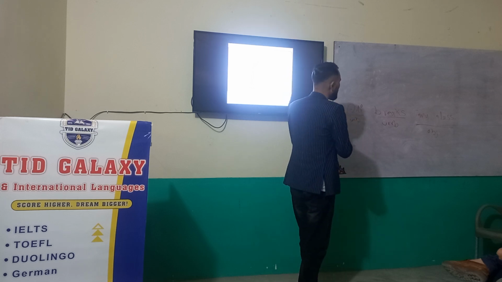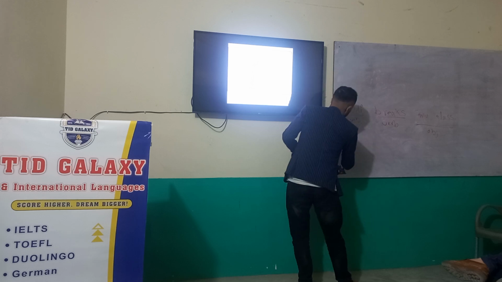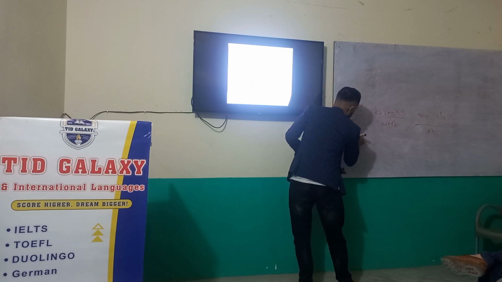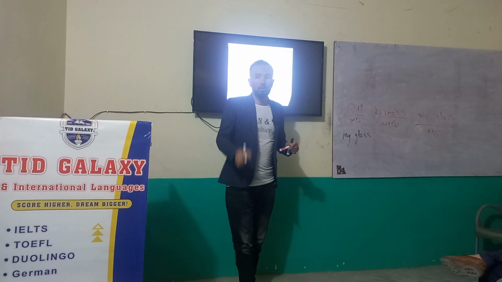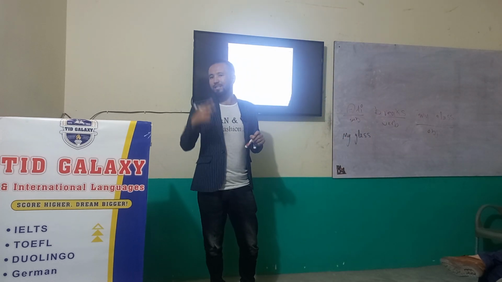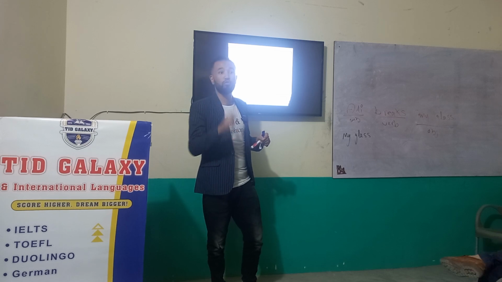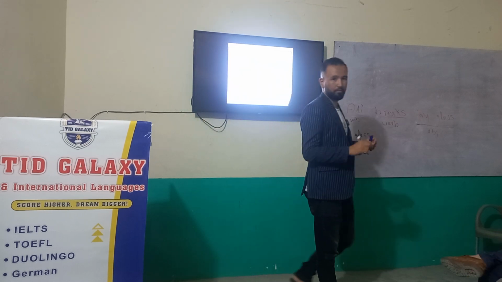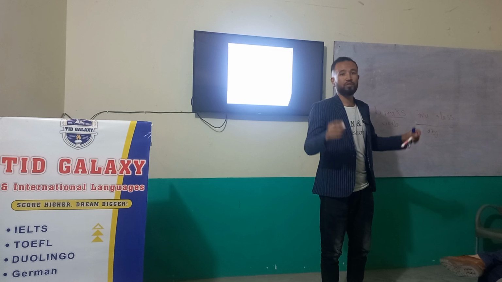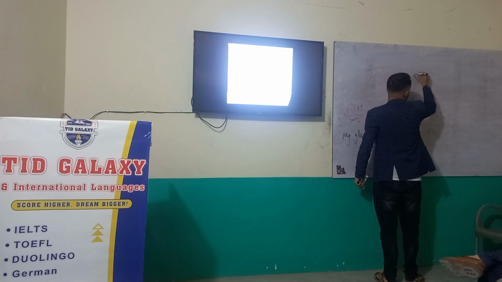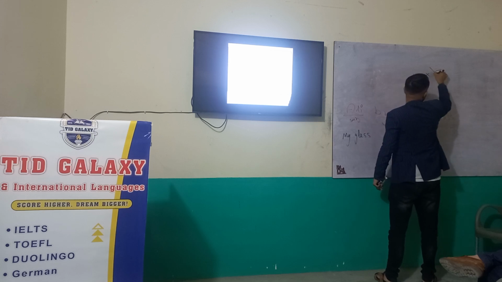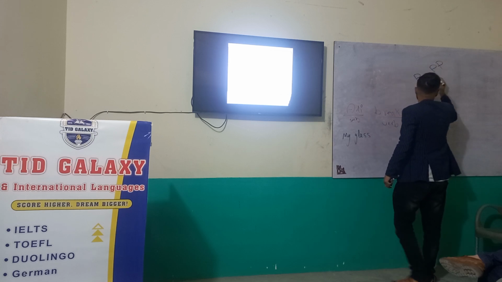You should write it like this: My glass. So now, according to the tense, step number 2 is to find your to be verb. Because the general formula for passive voice is be plus past participle. I told you: be plus pp.